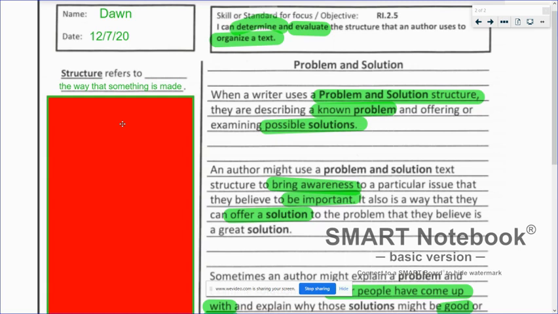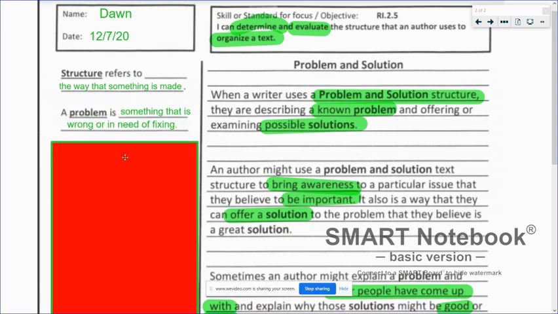And we'll be talking for the next few weeks about text structure, and that's just the way a writer decides to organize their writing. If I go too fast, pause the video and then come back and push restart when you're ready. So next, a problem is something that is wrong or in need of fixing.